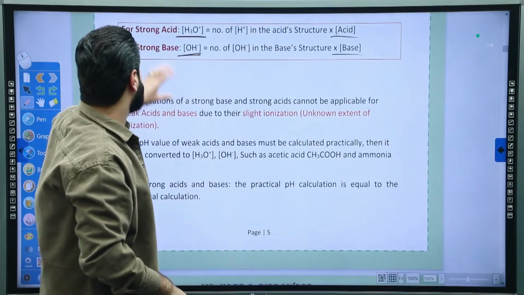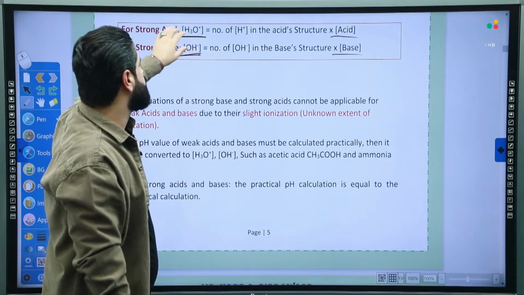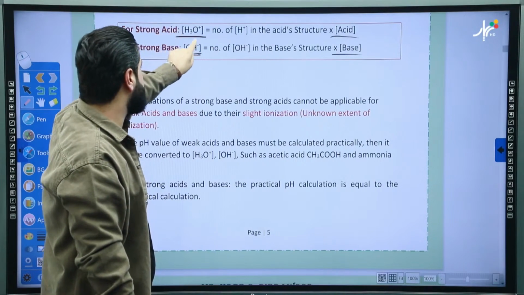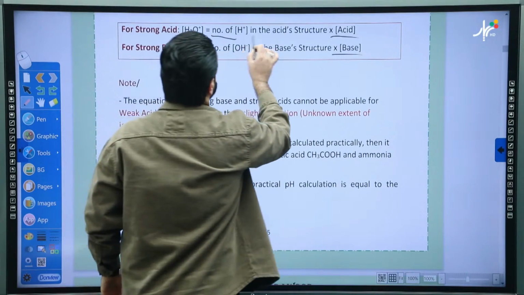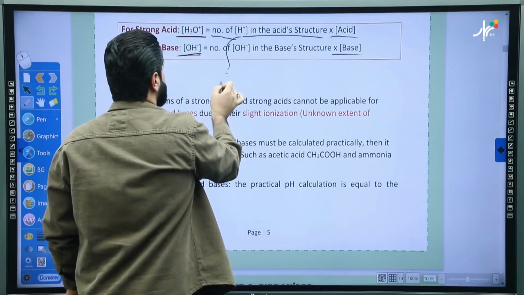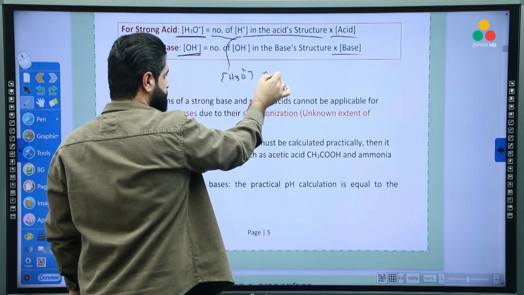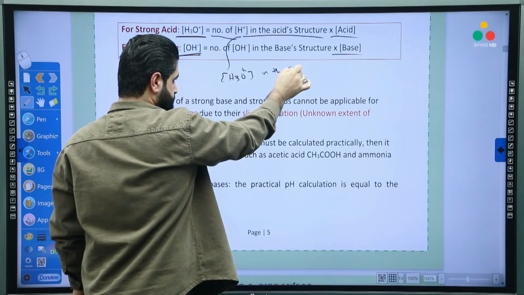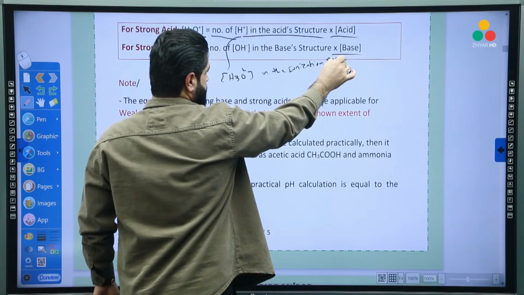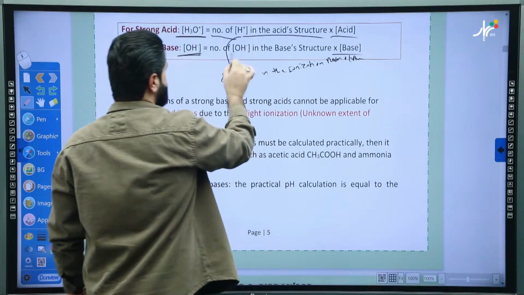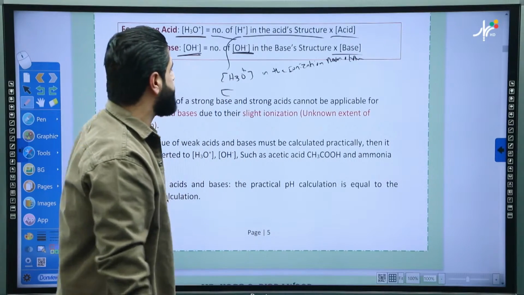Well, we have these two formulas to get the value of H3O and OH. H3O is equal to the number of hydrogens in the acid structure, or H3O in the ionization reaction of the acid, and OH in the dissociation reaction of the base.